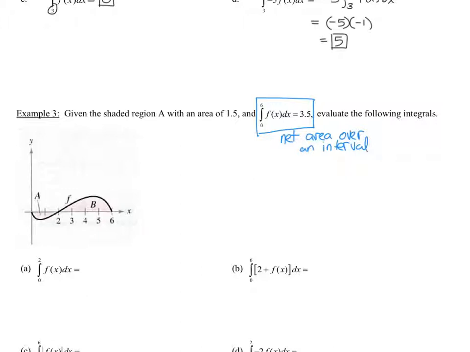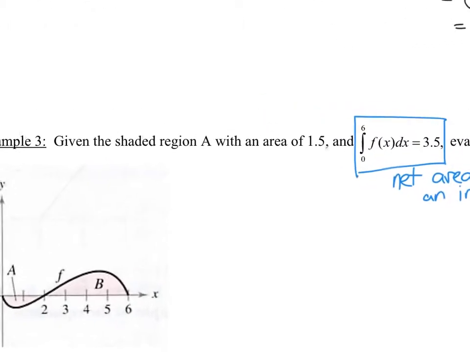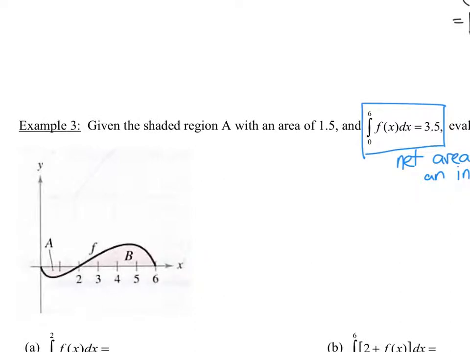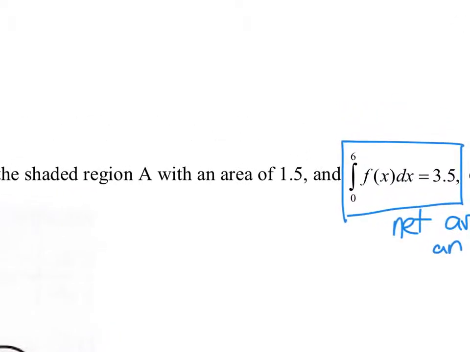All right, so this is telling us that the region A has an area of 1.5, but that doesn't really coincide with the diagram, because according to the picture, that area should be negative because it's below the axis. Right? So what they're giving us is an absolute area. They're giving us the absolute value of the area over an interval.